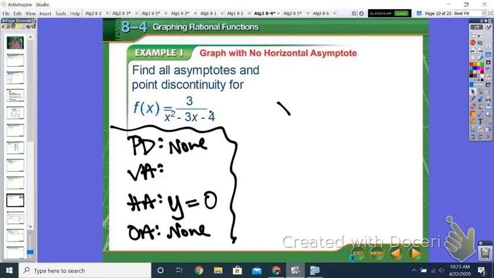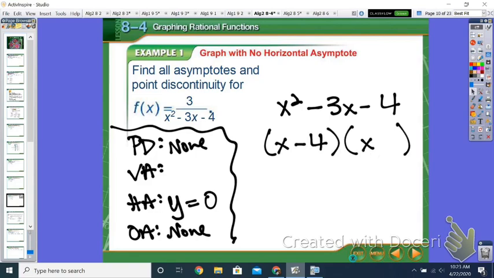We're going to have to take x squared minus 3x minus 4, and we're going to have to factor it, and it looks like x minus 4, x plus 1, so x equals 4, x equals negative 1. So the reason I put this one in there is you can have multiple asymptotes of any given type. I guess for us right now it's only going to be vertical asymptotes, because the others don't really leave us much of a possibility for multiple.